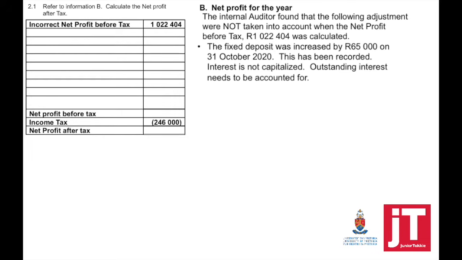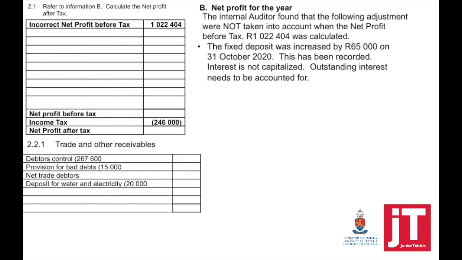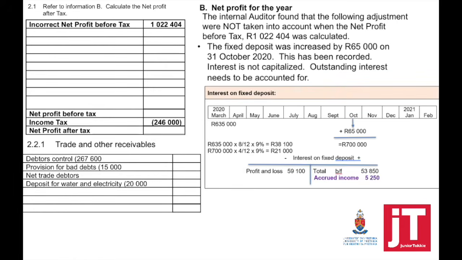This means that we need to calculate what is the outstanding interest by looking at what our interest was supposed to be this accounting period. Because interest is not capitalized, it means that the outstanding interest will need to go to trade and other receivables as accrued income.